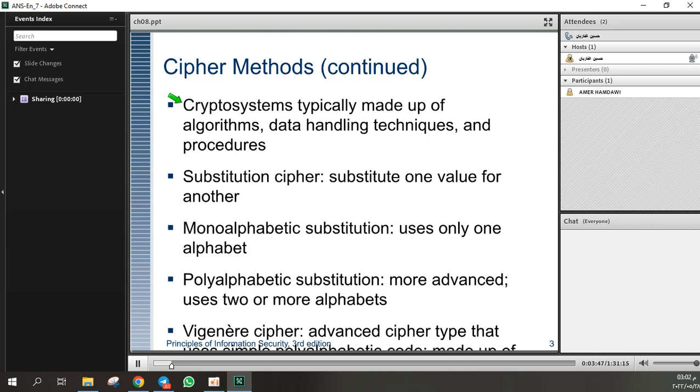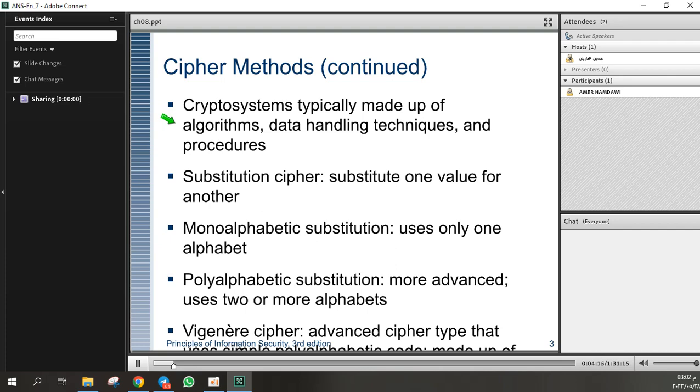We know that crypto systems or crypto algorithms are made up of some algorithms. Those algorithms try to handle the raw data, to encrypt them, and at the other side, they try to decrypt the data.